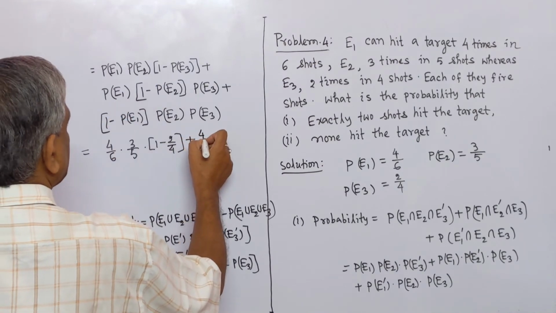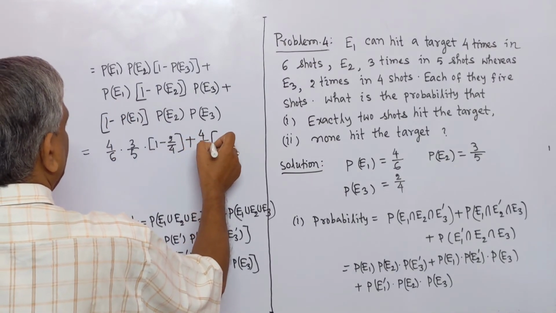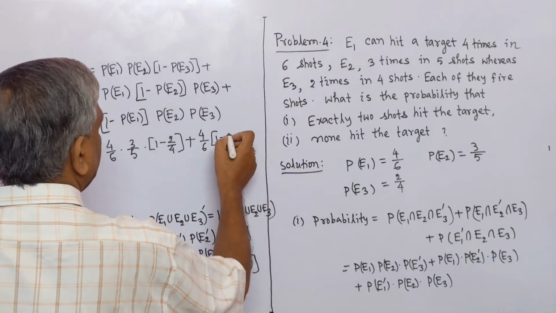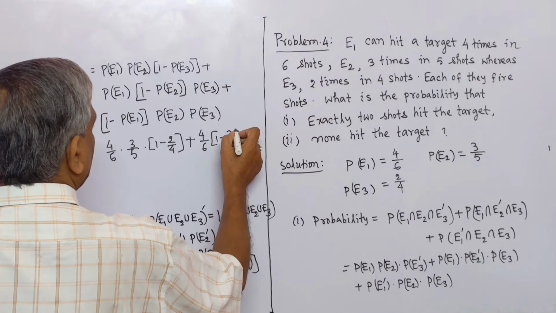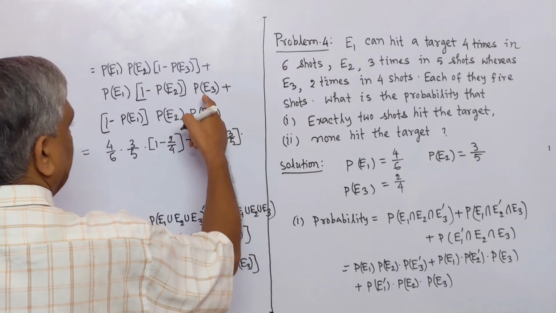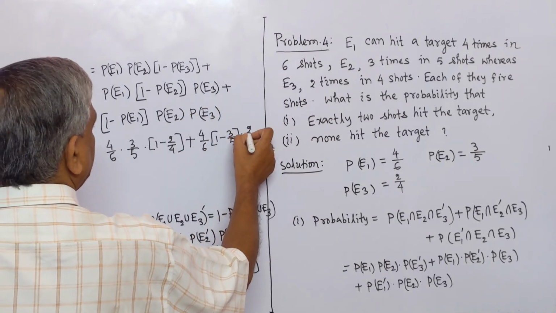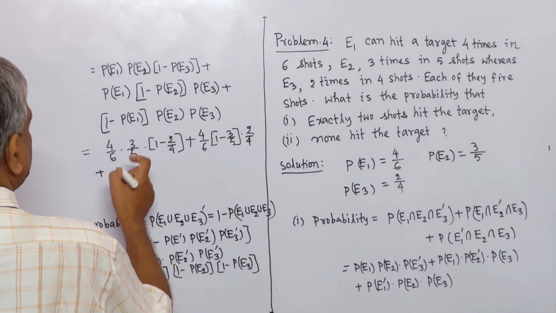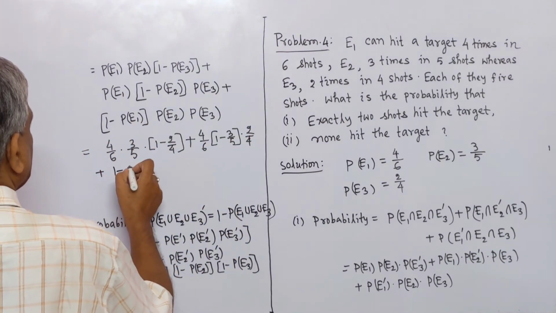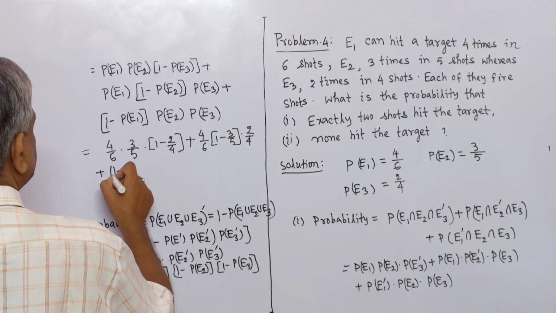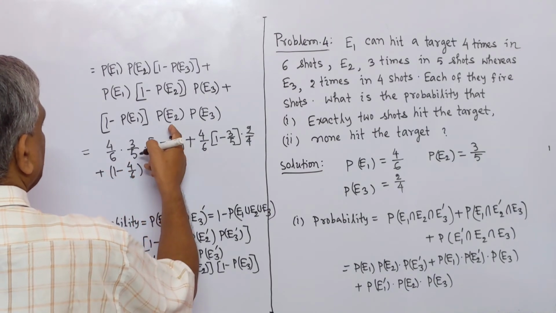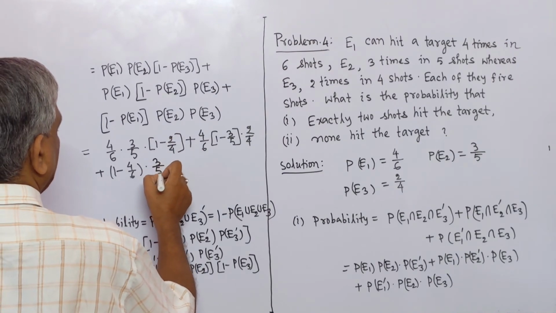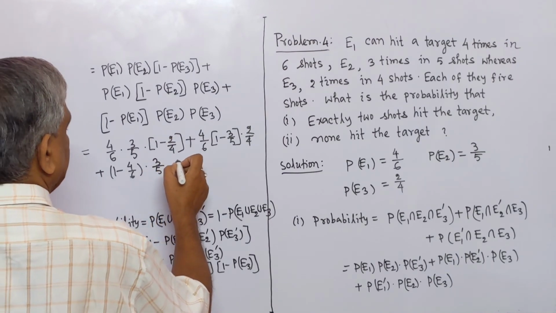P(E1) 4 by 6, 1 minus P(E2), where P(E2) is 3 by 5, multiply P(E3) is 2 by 4, plus 1 minus P(E1), 1 minus 4 by 6, multiply P(E2) is 3 by 5, multiply P(E3) 2 by 4.